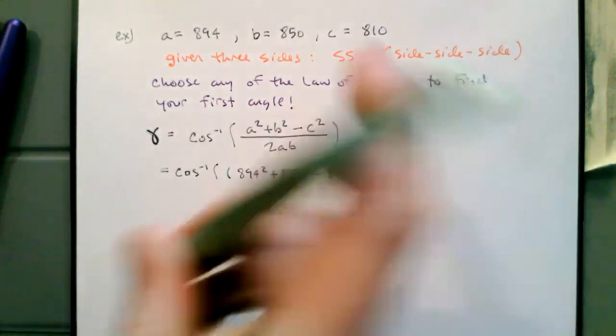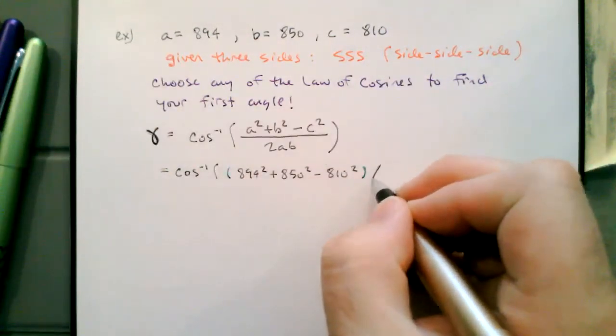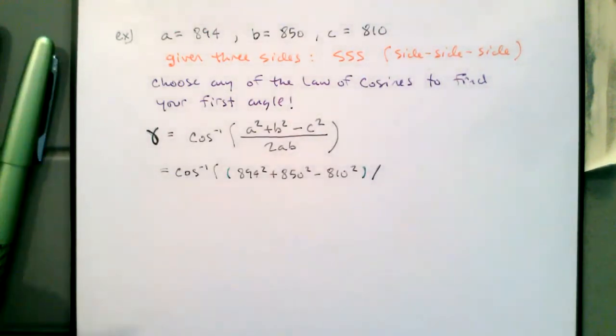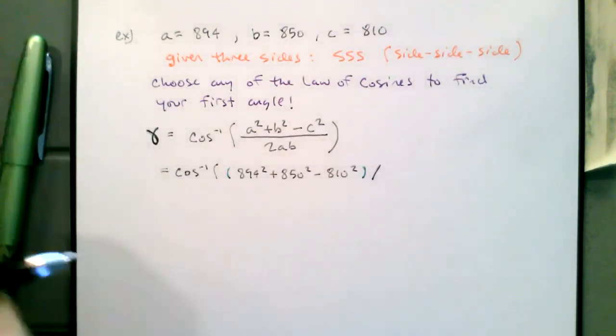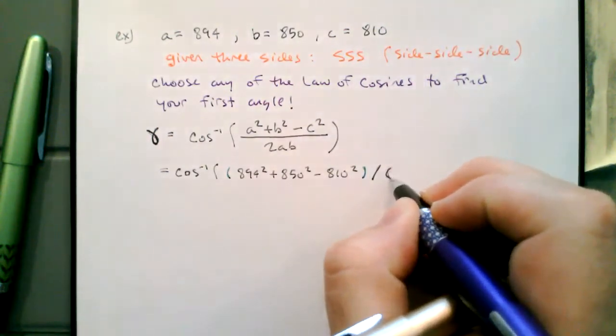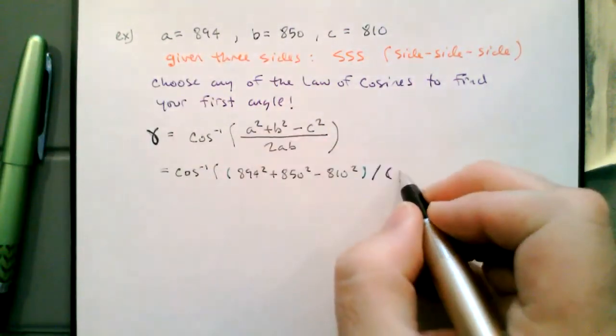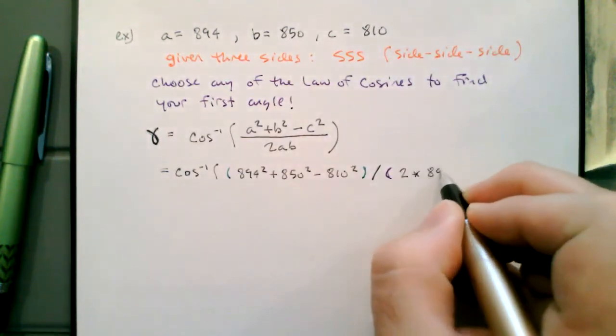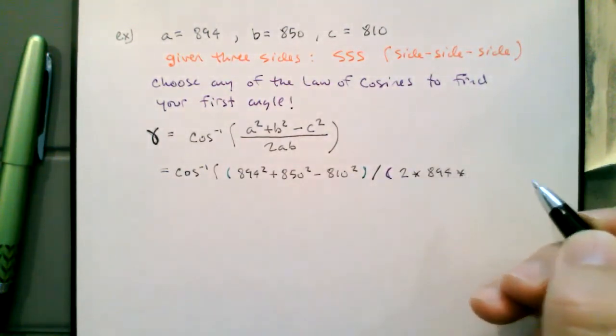Close the numerator, divide, and then open up the denominator. And I have 2 times A times B.